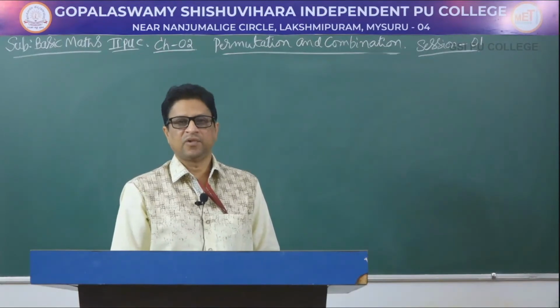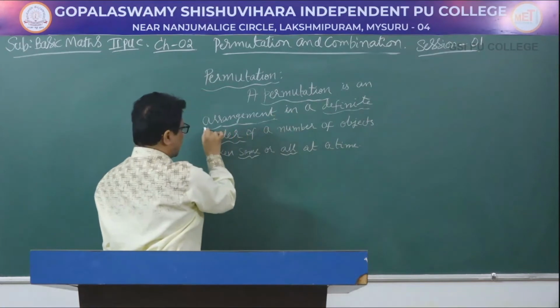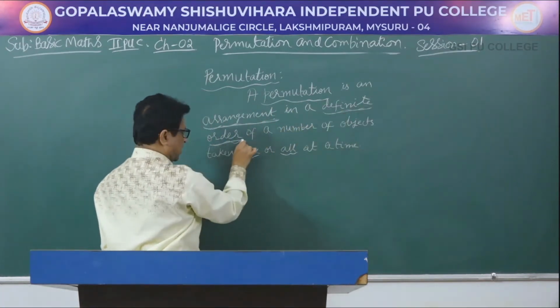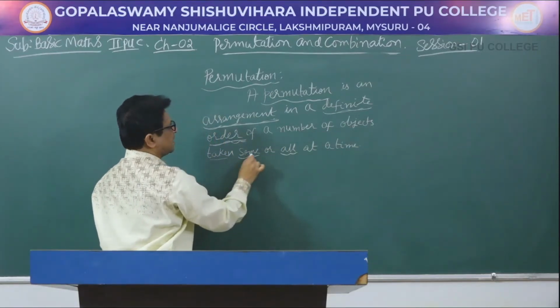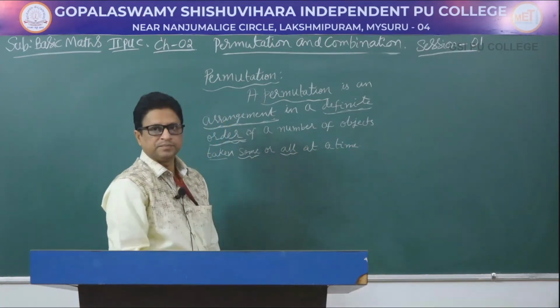Let me define what is a permutation. A permutation is an arrangement in a definite order of a number of objects taken some or all at a time.